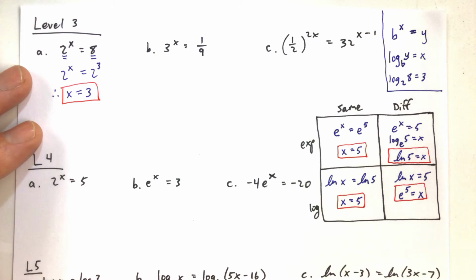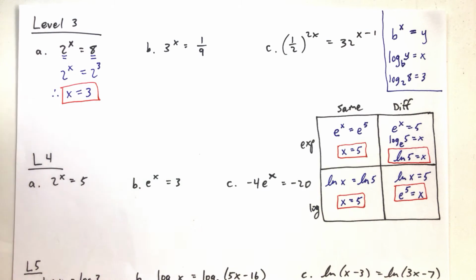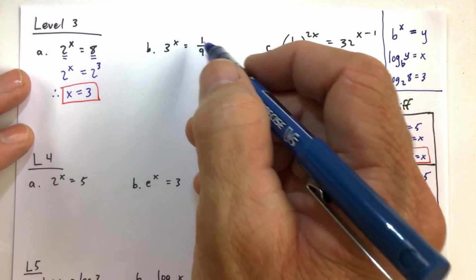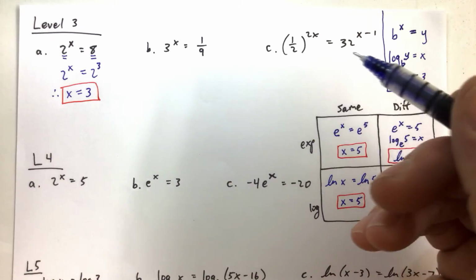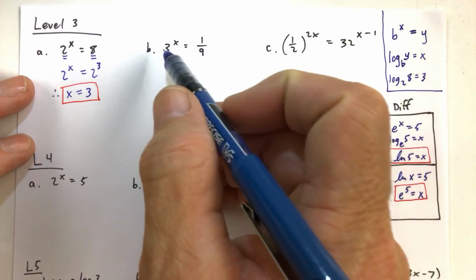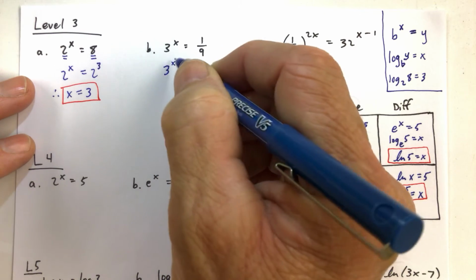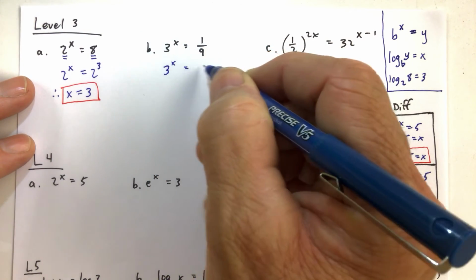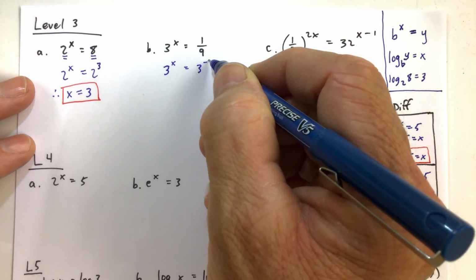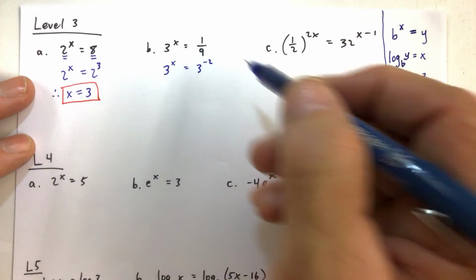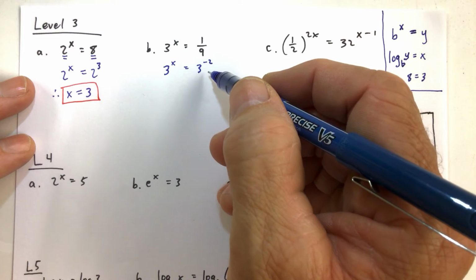And so this kind of goes back to you having to know your properties of exponents to be able to solve these exponential equations. In other words, when you see 3 and you see 1/9, what would be really helpful to be thinking is that 1/9 can be written as 3 to the negative 2 power.